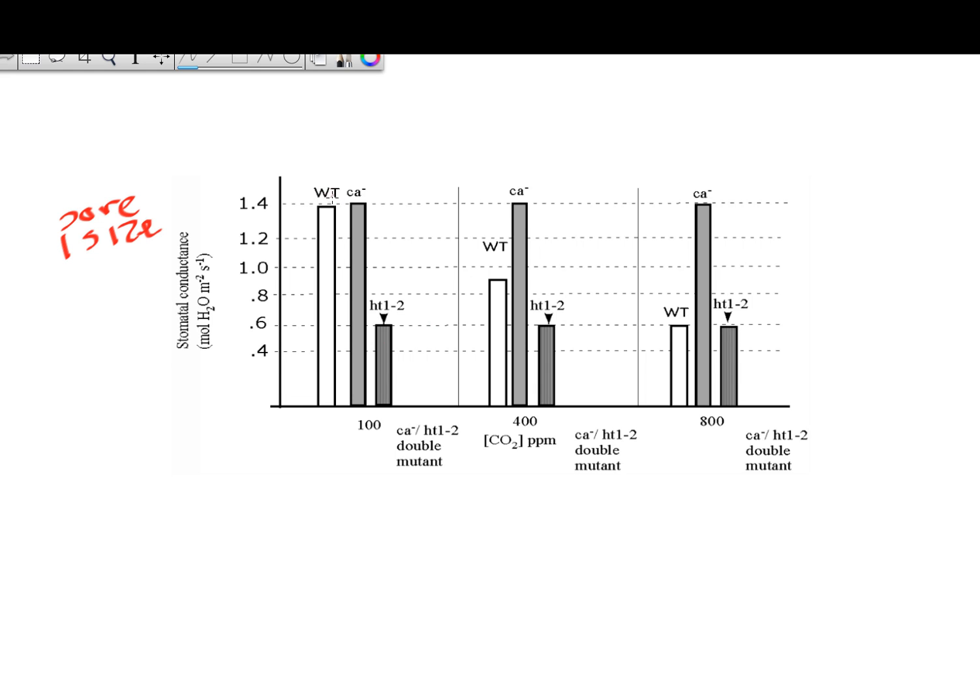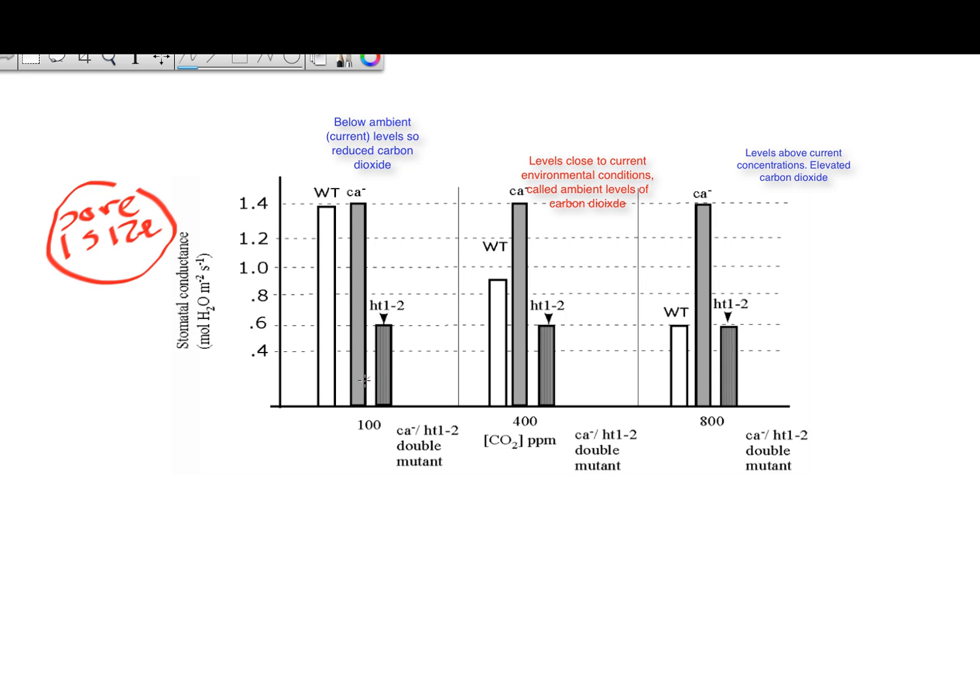Okay, so the wild type plants are the white bars in each of these three different environmental conditions. Here's 100 parts per million carbon dioxide. Here's 400 parts per million carbon dioxide. Here's 800 parts per million carbon dioxide. Wild type seems to have pore size or stomatal conductance most open when carbon dioxide is lowest.